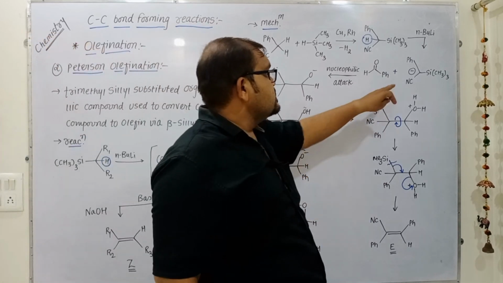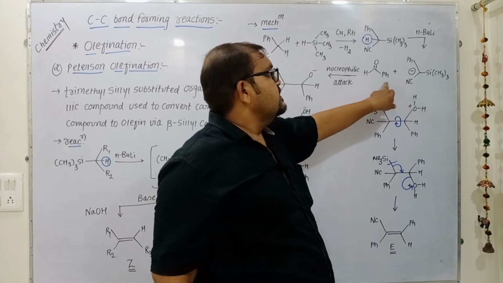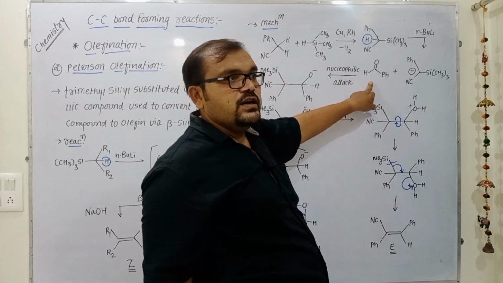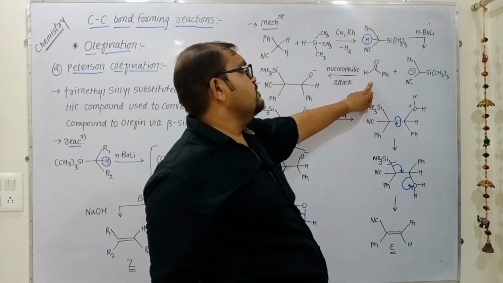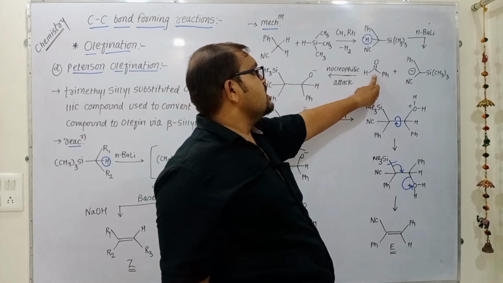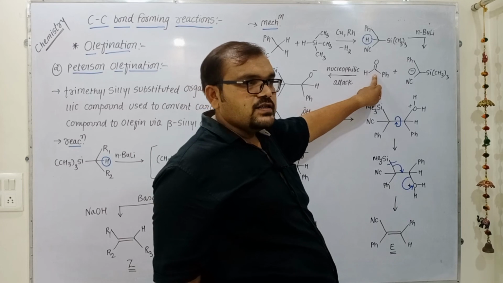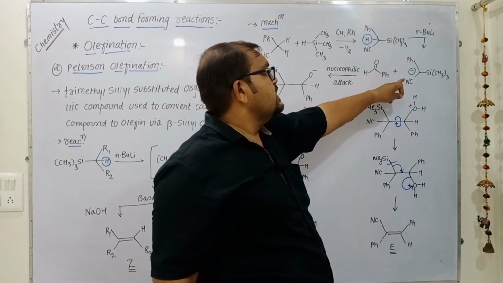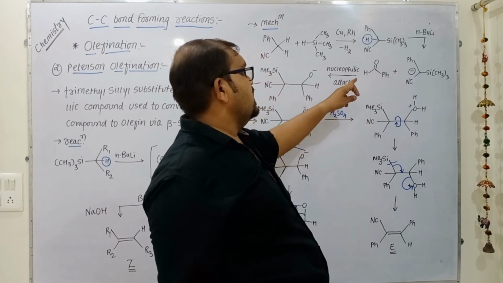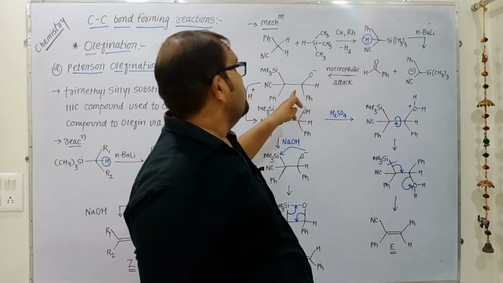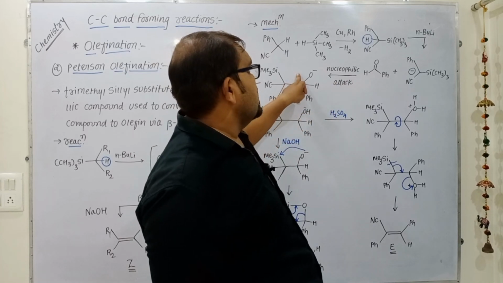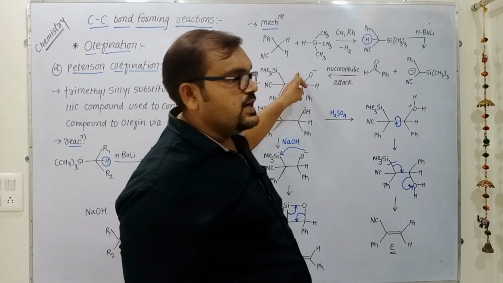Now this negatively charged ion will react with a carbonyl compound, that is an aldehyde or ketone, and as we know, this carbonyl carbon has a partial positive charge, so it will be attacked by this nucleophile, and this nucleophilic attack will give us this type of charged intermediate.